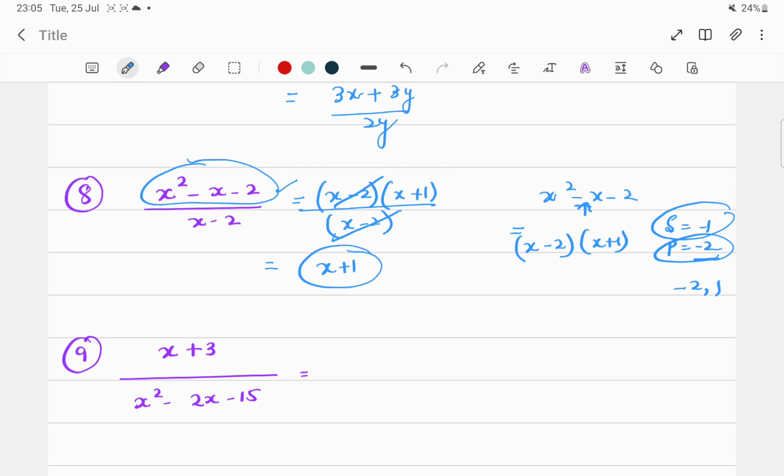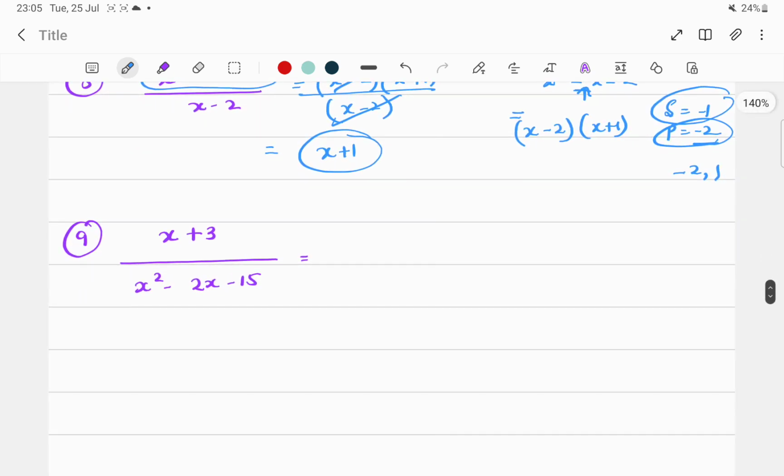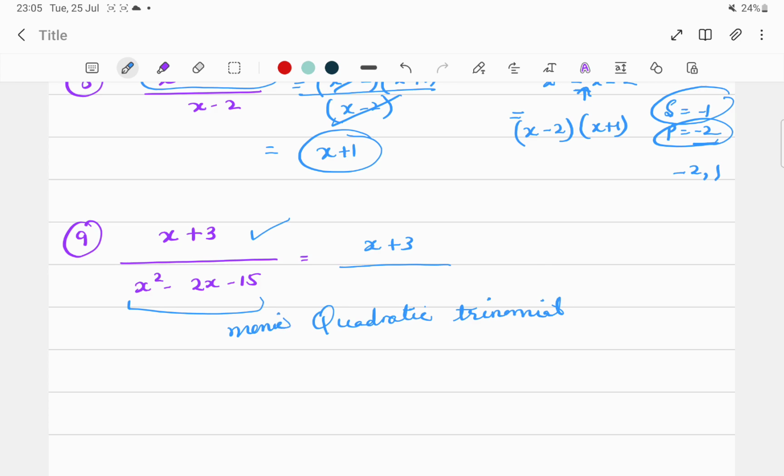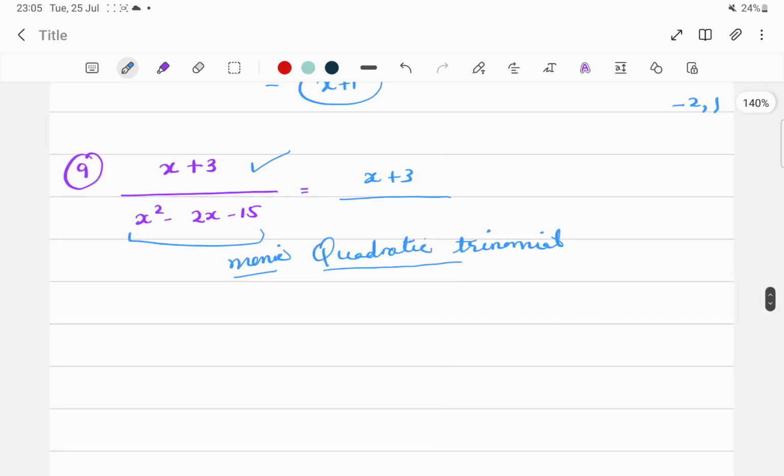Next is (x plus 3) over (x squared minus 2x minus 15). So the numerator is quite simple, we can write it as it is, but the denominator, this is a quadratic trinomial, like the previous question's numerator, and this is monic. You will understand all these terms if you go through the other videos on factorization. So now here we have x squared minus 2x minus 15. So the sum is equal to negative 2 and the product is equal to negative 15.